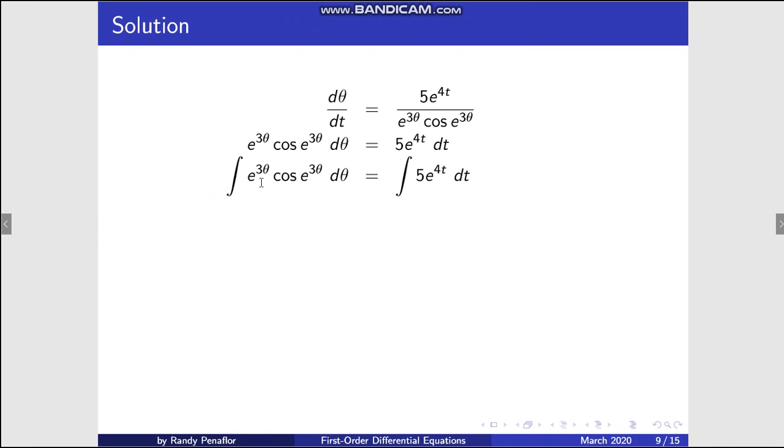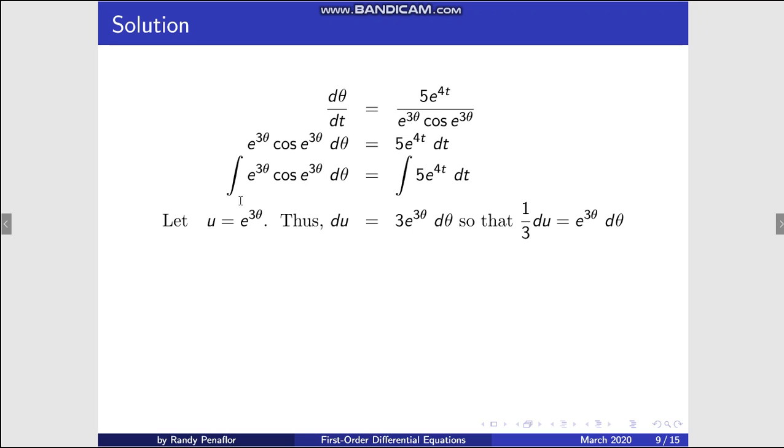The integral of e to the 3 theta cosine e to the 3 theta d theta can be evaluated using integration by substitution. If you let u be equal to e to the 3 theta, then du equals 3e to the 3 theta d theta. Dividing each side by 3, we get 1/3 du equals e to the 3 theta d theta.